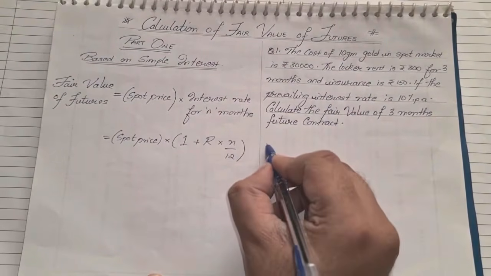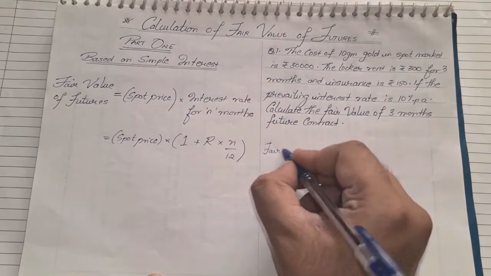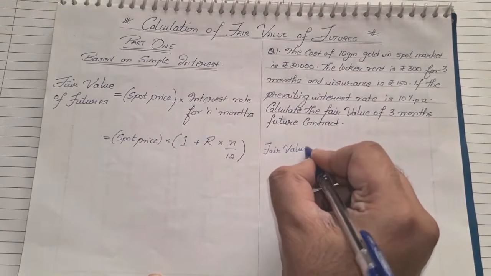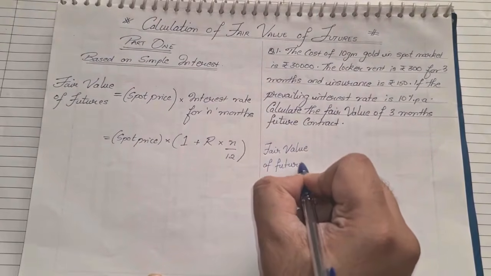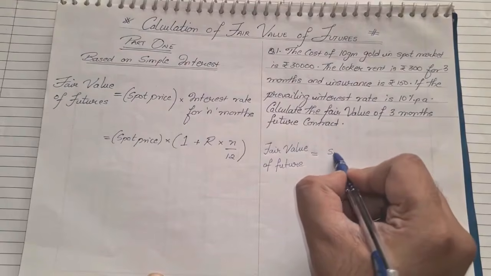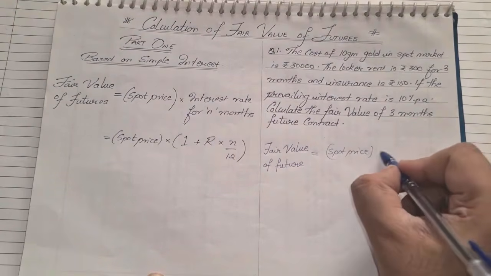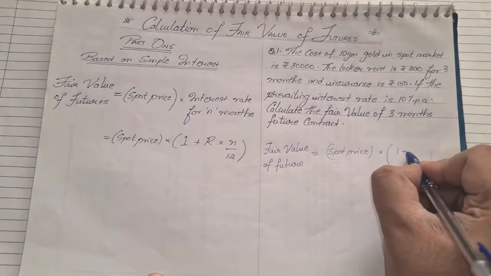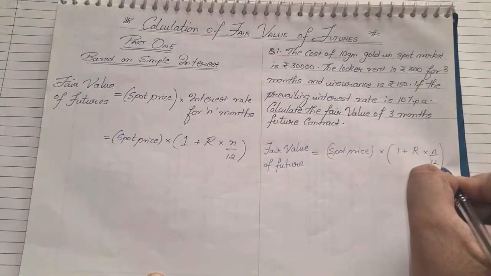Now here they have asked us to find the fair value of future, which is equal to, the formula is, spot price into 1 plus r into n divided by 12.